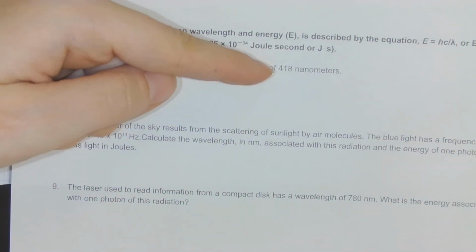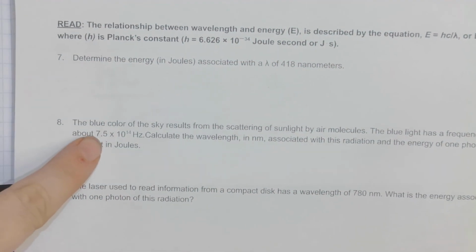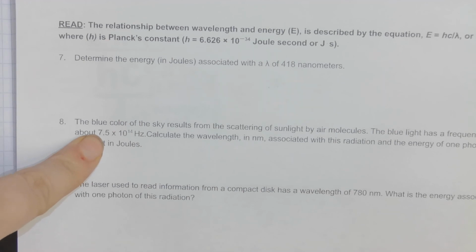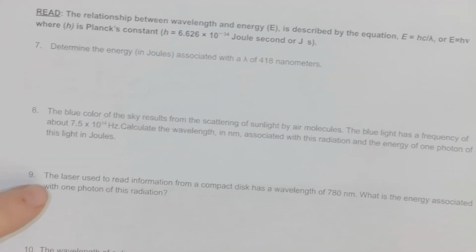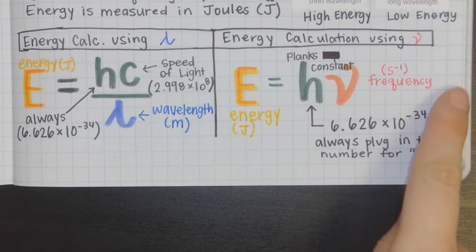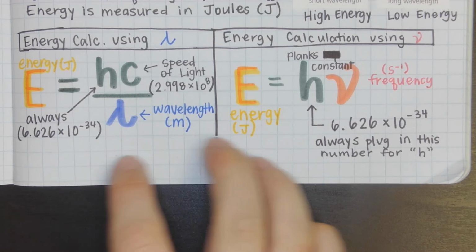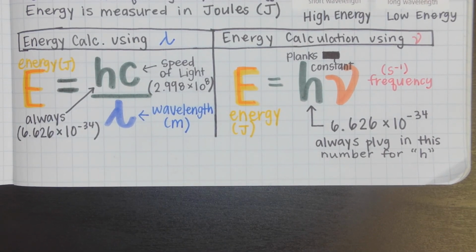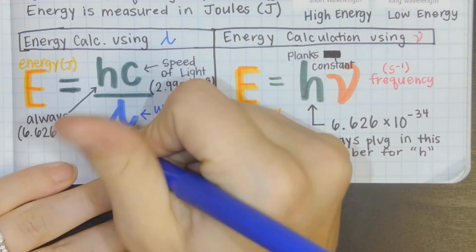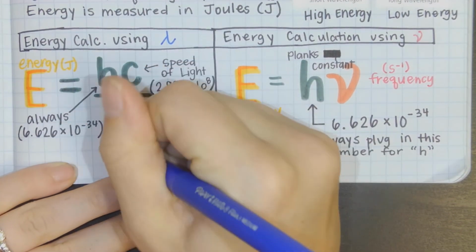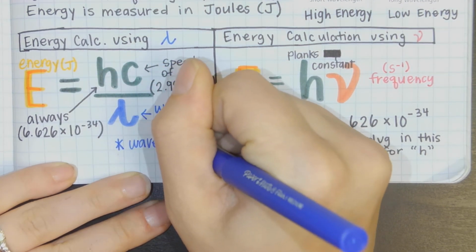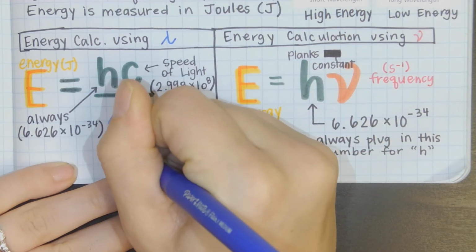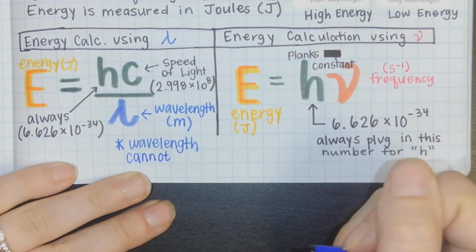On a different problem, if this one gives me the frequency, number 8, it says blue light has a frequency of this. Cool. Now I can use the frequency formula to calculate the energy. The only thing that sometimes trips up students here is that down here on this wavelength, if it's in nanometers, you can't use it.